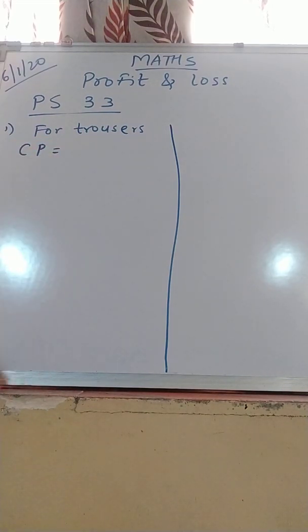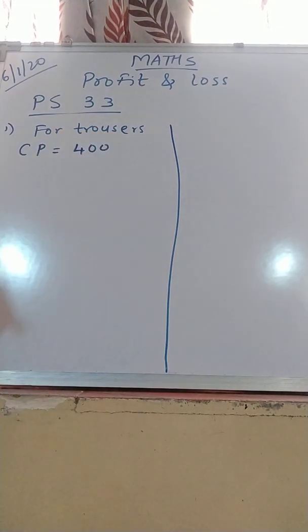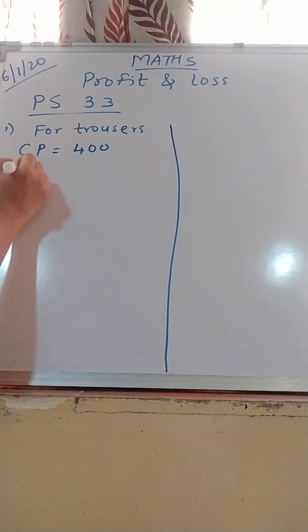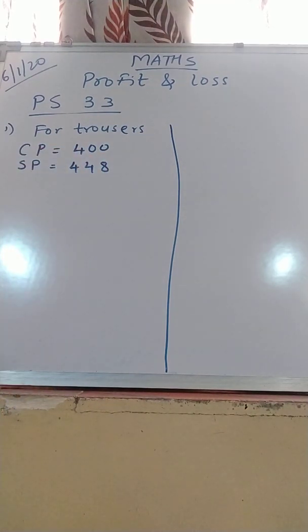CP is 400 rupees and SP is 448 rupees, right? What we have to find out, percentage wise which transaction is more profitable, right?